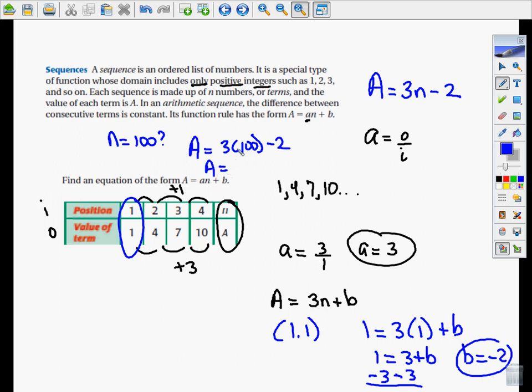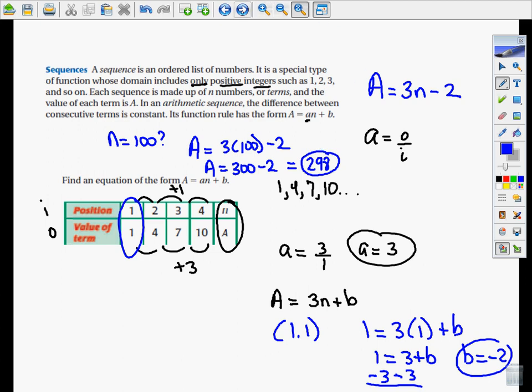So the 100th term is 300 minus 2, which equals 298. That's a lot quicker than going 1, 4, 7, 10, 13, 16, etc. and doing it until I get to the 100th position.